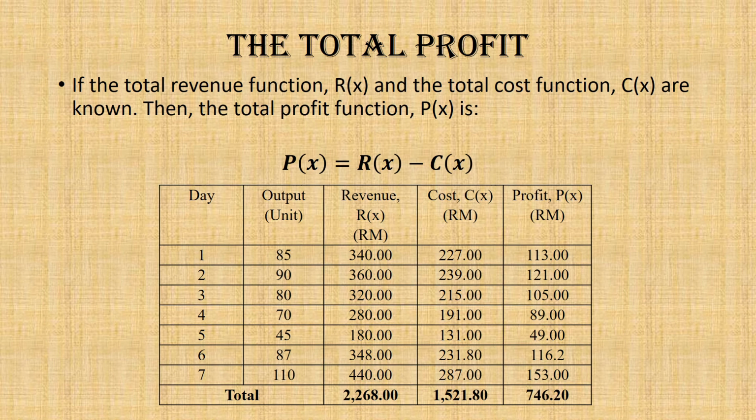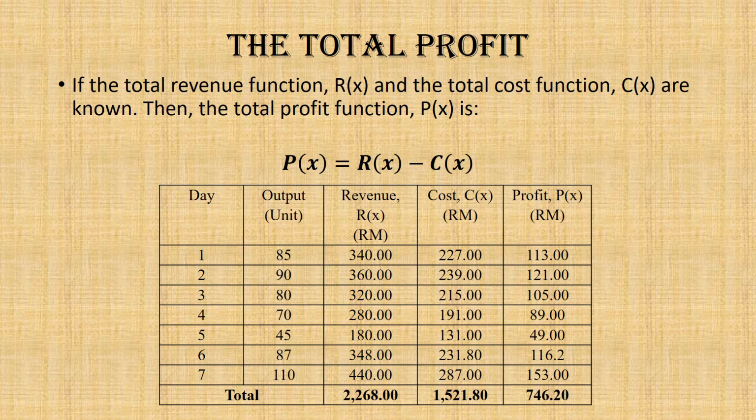Day 6, output 87: revenue 348 minus cost 231 equals profit 116.2. Day 7, output 110: revenue is 440 ringgit minus cost 287 equals profit 153.